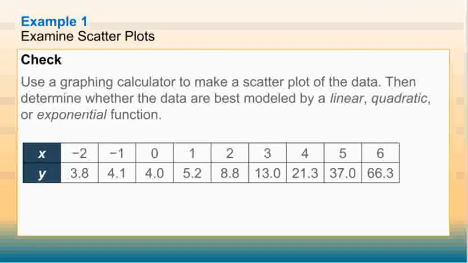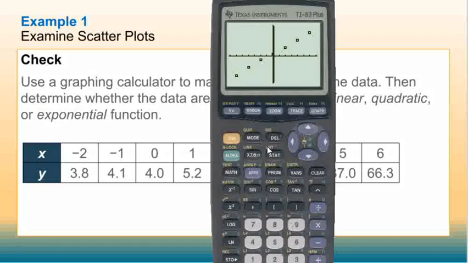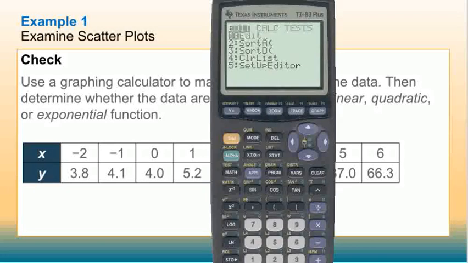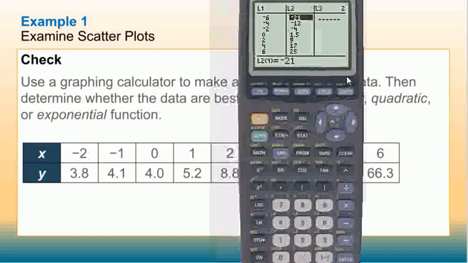So this one, use the graphing calculator to make a scatter plot of the data and then determine whether the data are best modeled by linear, quadratic, or exponential functions. So we're going to do this one. So we hit stats, edit, and we're going to clear what we have in here.